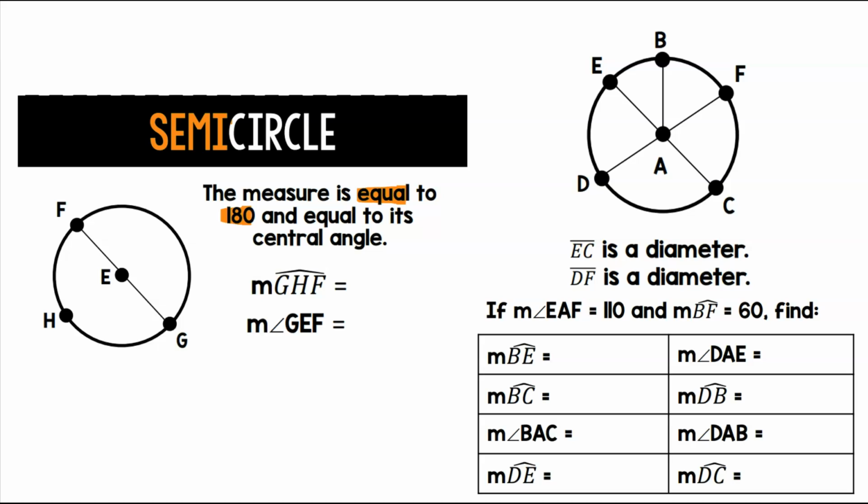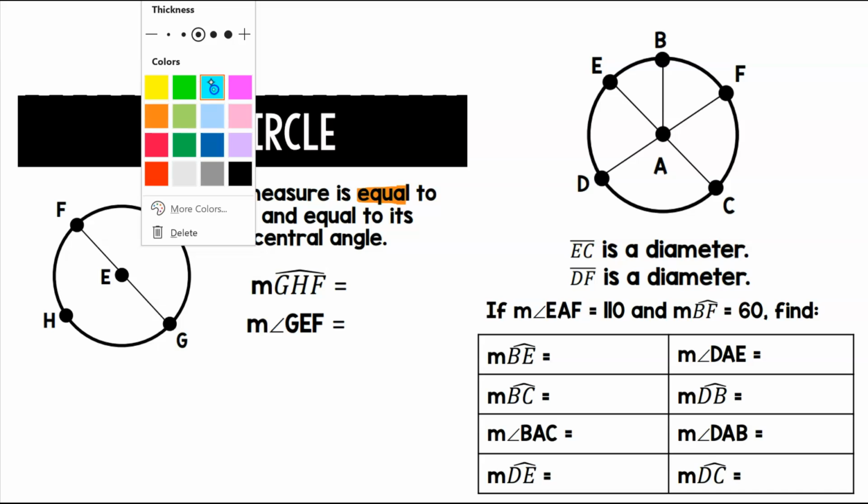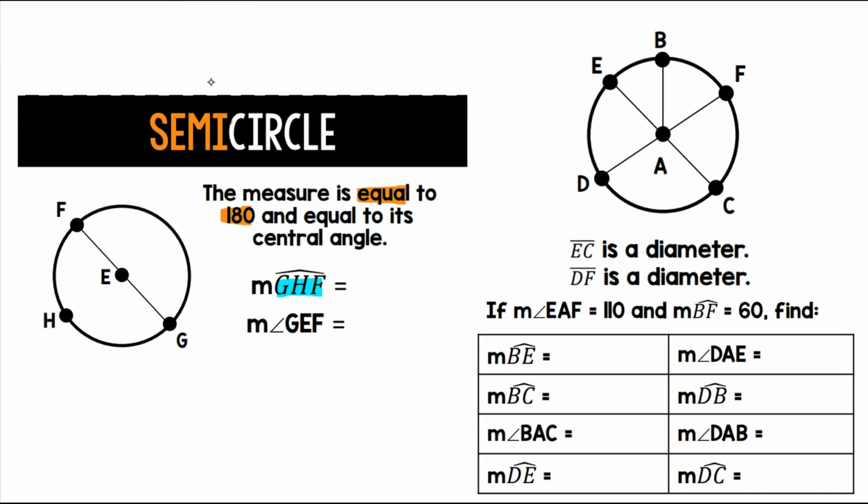If the question asks for arc GHF, we go from G through the point H up to F. And if FG is a diameter, it cuts a circle in half, creating two semicircles, which means arc GHF is 180 degrees. And therefore, angle GEF is actually a straight angle, and it also measures 180 degrees.